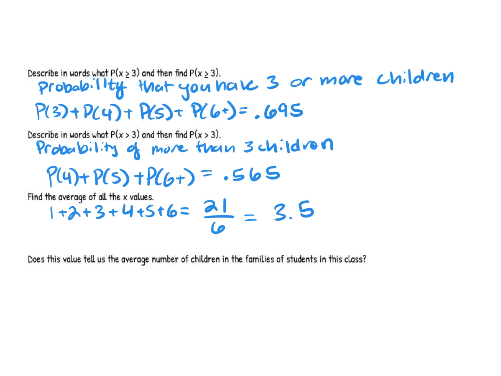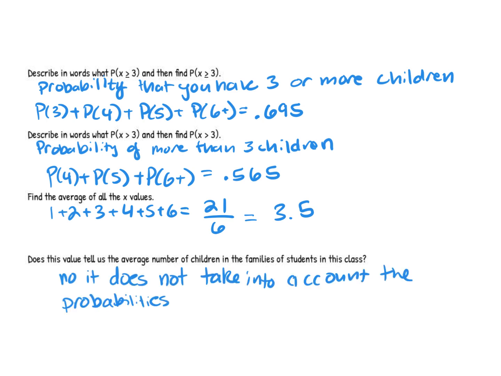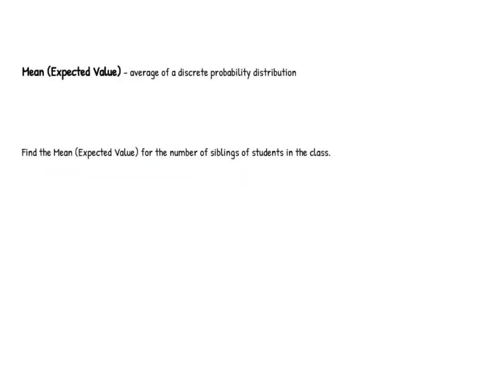So does that 3.5 tell us the average number of children in the families of the students in our classroom? No, because it doesn't take into account how many people had 1, 2, 3, 4, 5, or 6 plus. It's just looking at the average of those 6 numbers. So we have a formula for that, and we're going to see that next on our mean expected value.